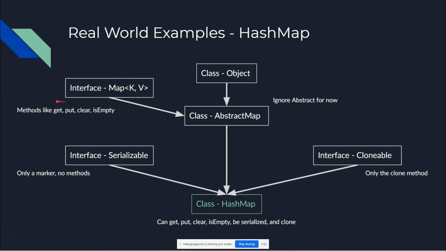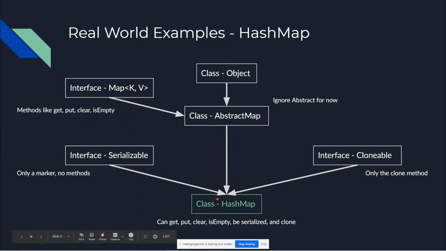A map interface says we have this get method, this put method, this clear method, this isEmpty method, and so on. We have all these different methods. And then this abstract map class, ignore the abstract part for now. We're going to learn that next lesson. This abstract map implements this map interface and has method definitions for all of these methods that the interface defines.